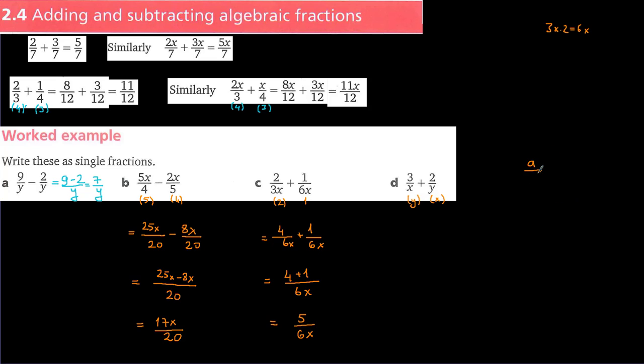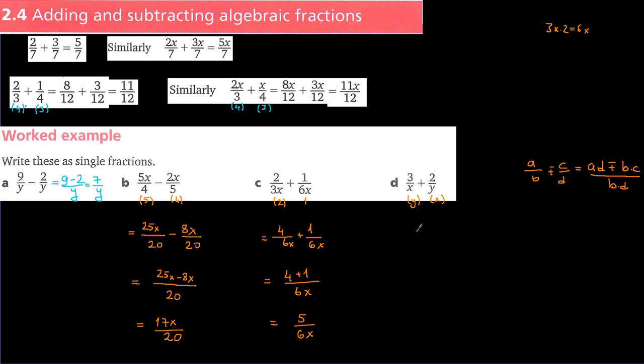If a over b plus c over d, plus or minus, it is not important, and the denominators are not the same, you can do a quick operation like this: a times d plus or minus b times c, divided by b times d. This is the short operation of adding and subtracting fractions.